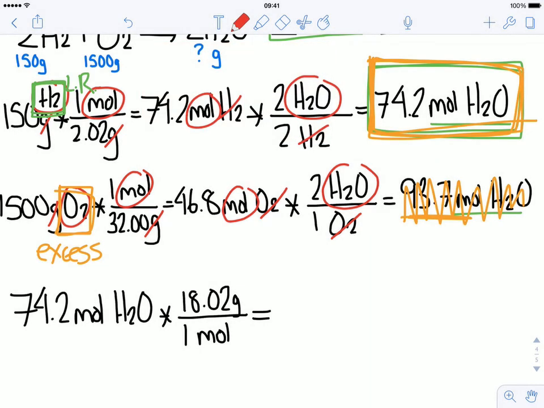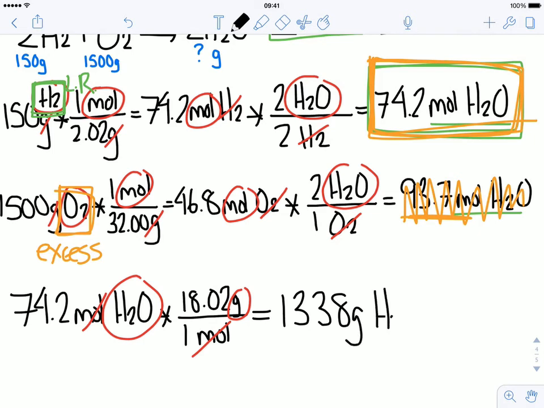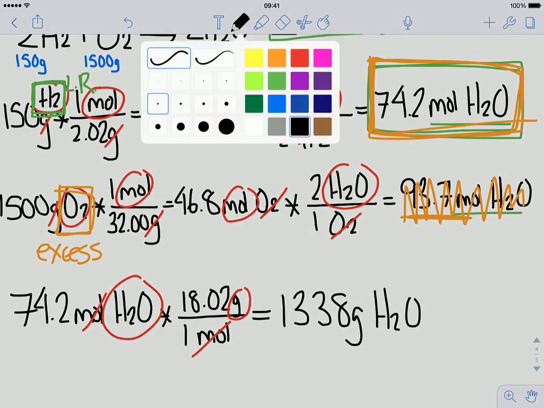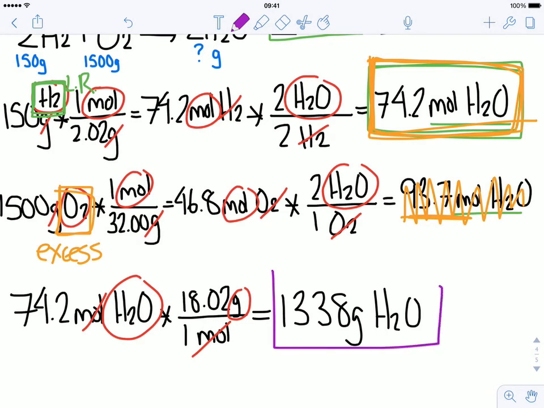Okay, now in terms of units, moles cancels with moles, and we're left with grams of H2O. So when you put this into your calculator, you should come up with 1,338 grams of H2O. And that is the answer to the question, because the question is asking how much water in grams can be produced.